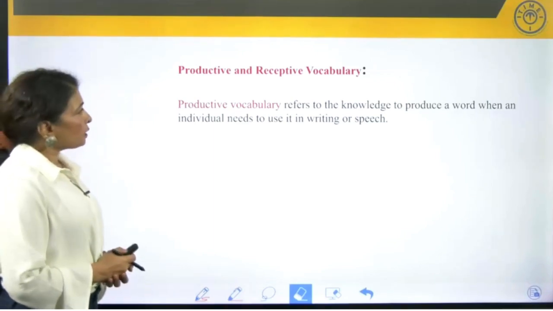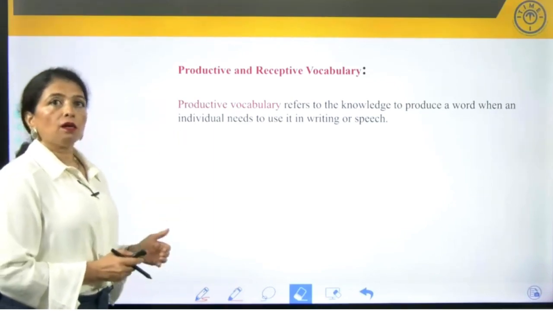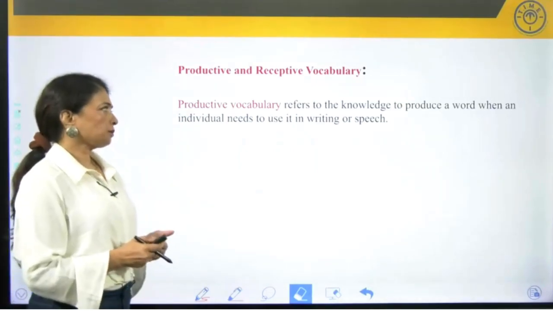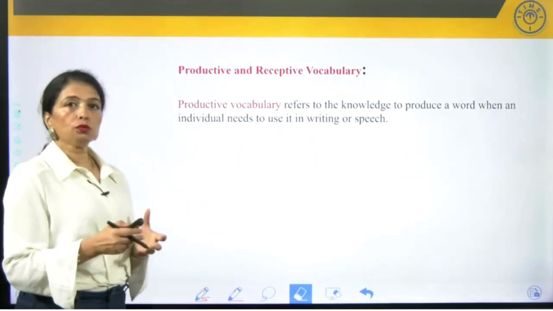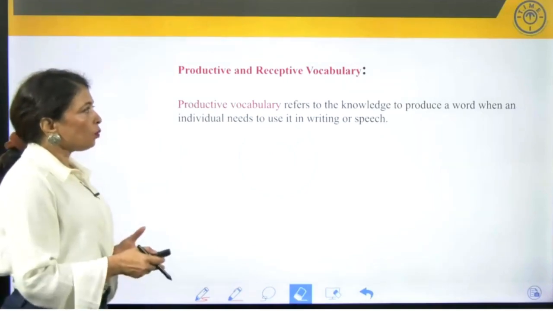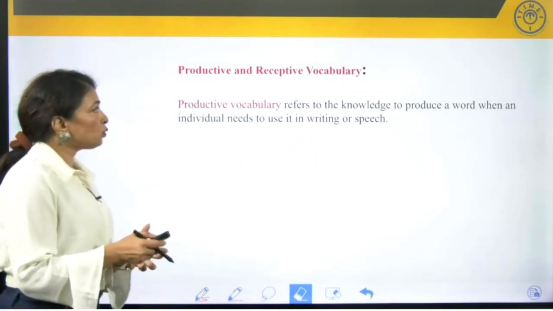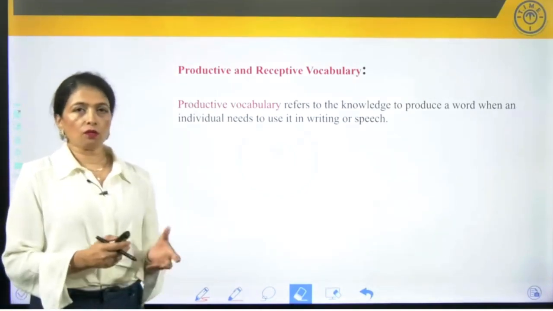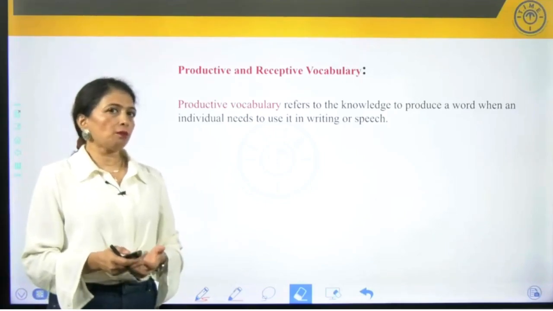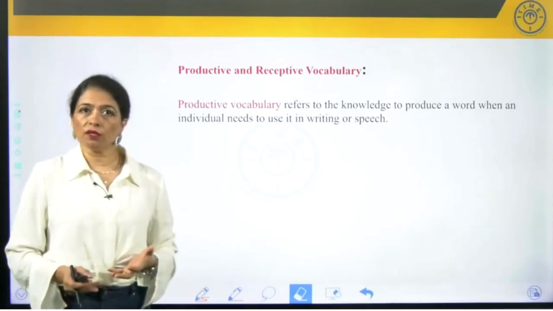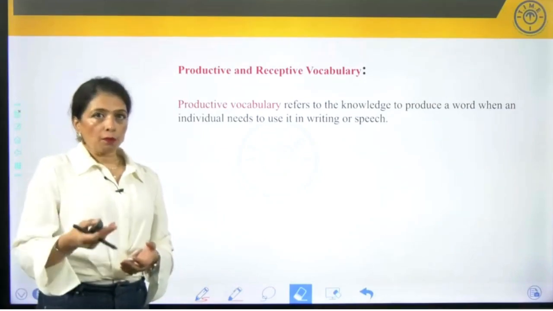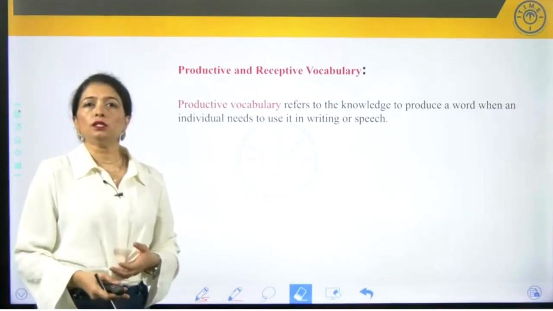Productive first. So, productive vocabulary, as the term itself suggests, refers to what? To the knowledge to produce a word when an individual needs to use it in writing or speech. Now, this should not be very difficult to understand because we all have so many words which we come up with the moment there's a need to use words.